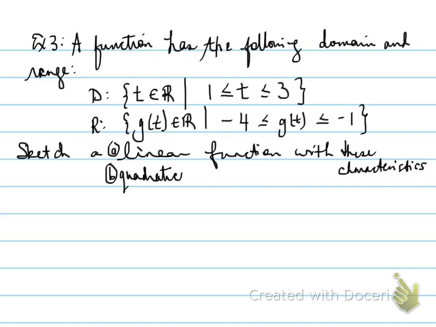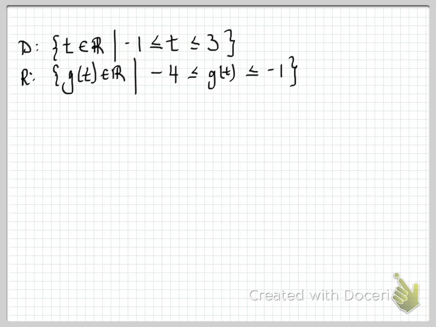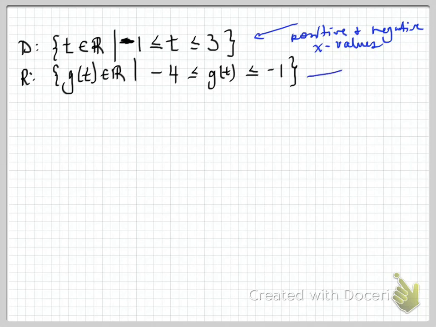So when we draw our graph, we're going to move to the next page and create a graph. Okay, so we need a graph. So here's our graph and here's our domain and range copied again. So we need to find -1 to +3, that's right, and -4 to -1.